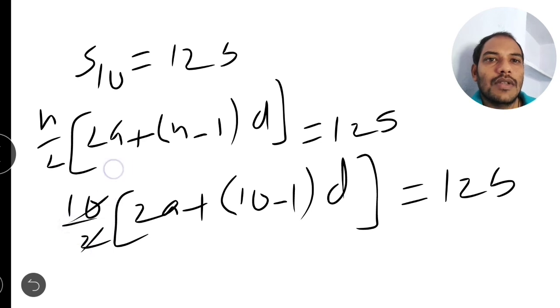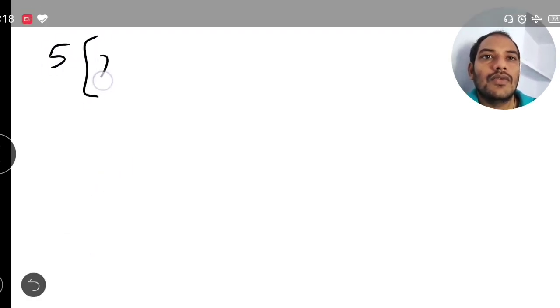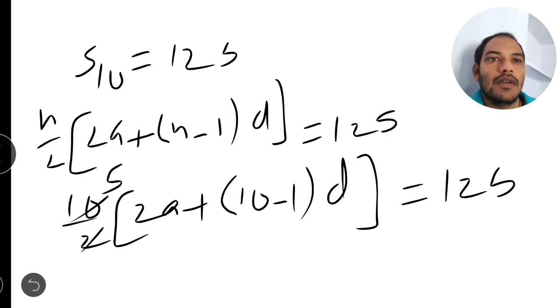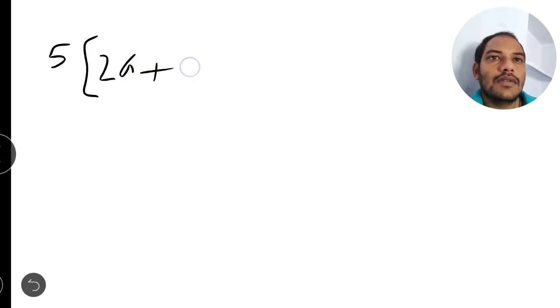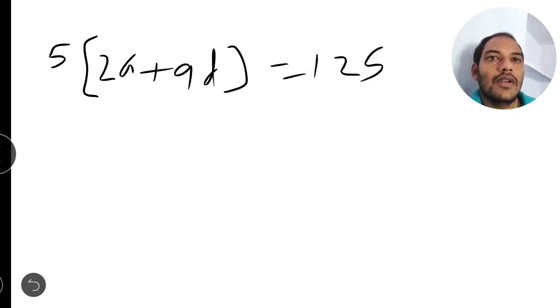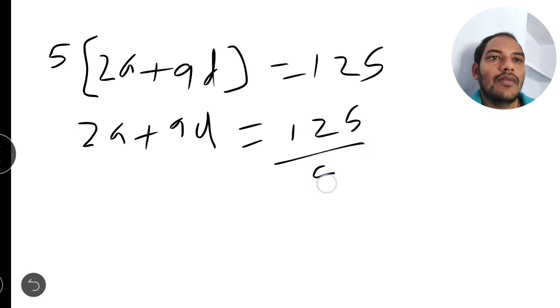Here 2 ones are 2, 5 ones are 5. So 5 into 2A plus 10 minus 1 is 9D equals 125.